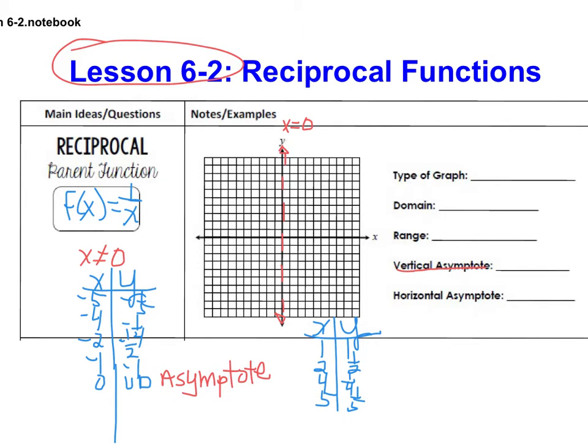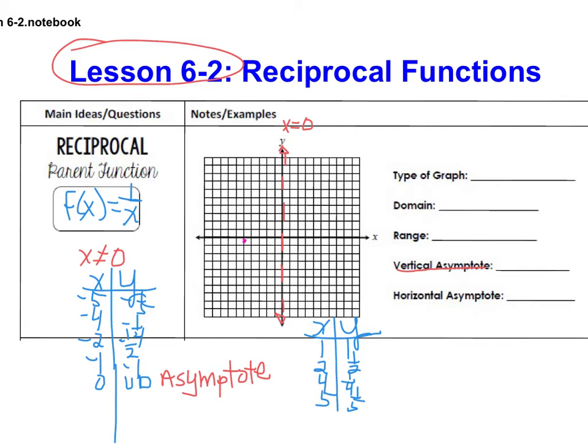Now let's go ahead and try to plot some of these. So I'm going to switch my color up. There we go. I'm going to plot -5, -1/5. So 1, 2, 3, 4, 5, and it's going to be just like right there, really close to that x-axis.